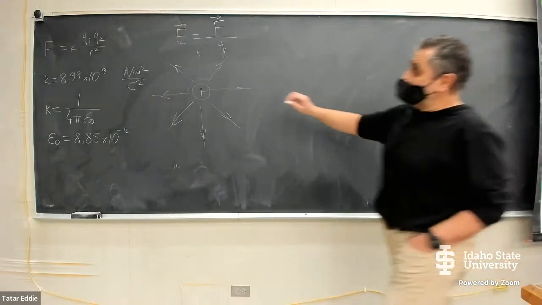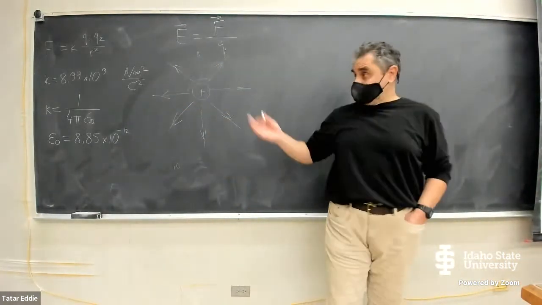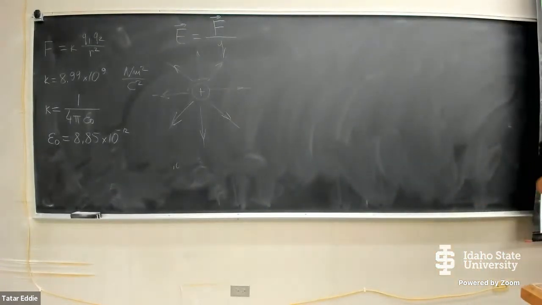And indeed, if you're closer to the charge, the electric field should be stronger, and the density clearly is higher closer to the charge, at least for the picture on the board. And the last property of electric field lines was that they never intersect.